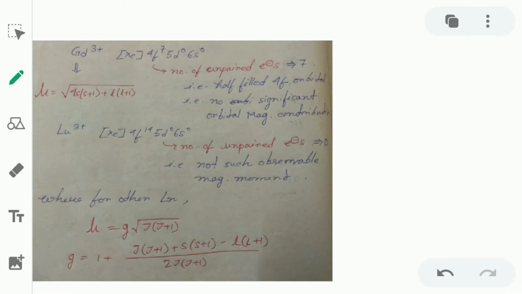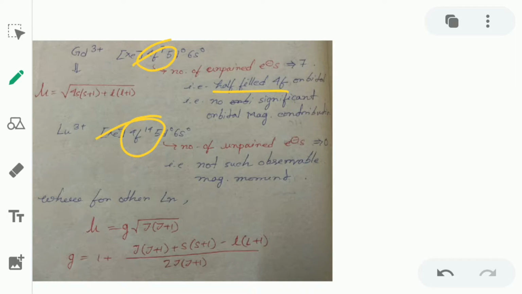Gadolinium-3 plus, as we mentioned before, has electronic configuration 4f7, and lutetium-3 plus has electronic configuration 4f14. That is, one is half filled and the other is fully filled.